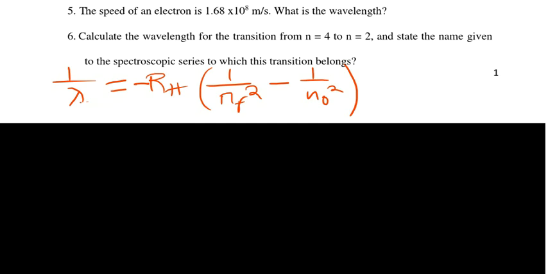Okay, so let's approach it now. What's the value of the Rydberg's constant? So Rydberg's constant is 109,677.57 centimeters negative 1.